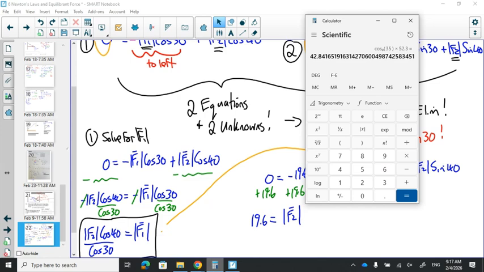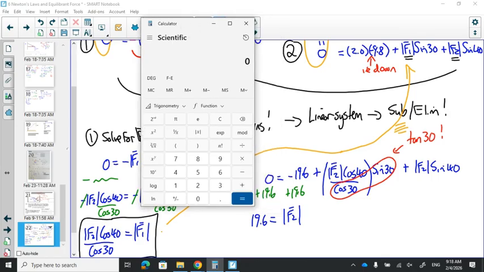So here we go, 40, we're going to do cosine of it, and I'm going to store that one in there. So I hit M plus, so that number, and then we're going to do the clear here, the tan, tan of 30, so 30, and trig function tan, and then I'm going to multiply that onto my memory recall button.